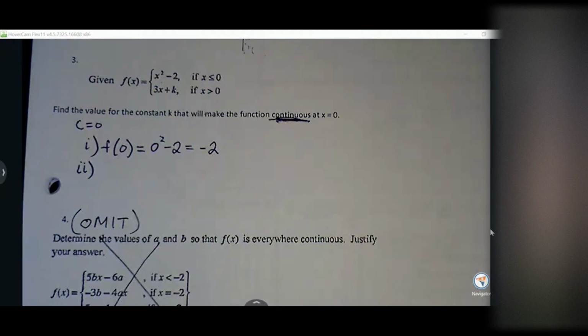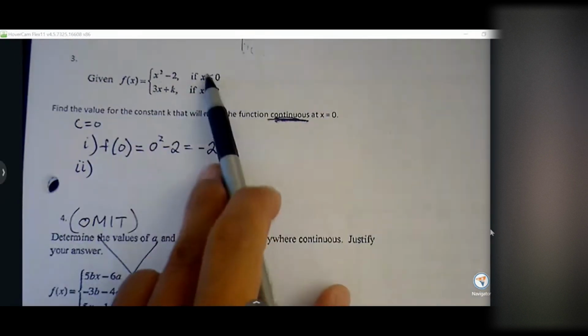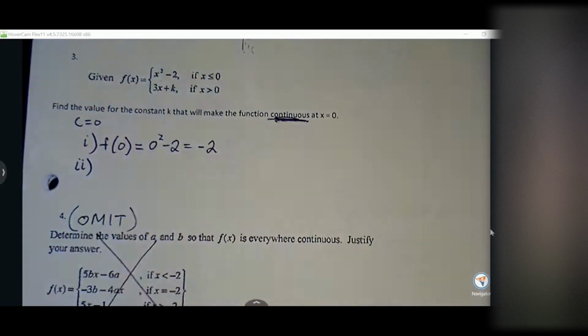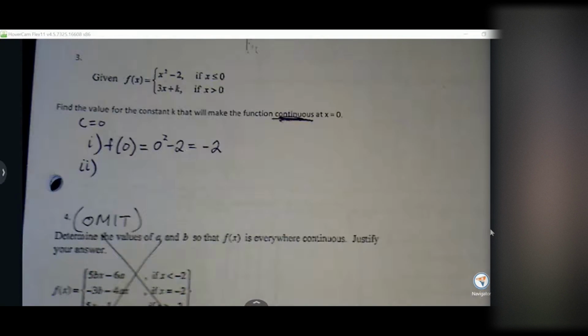Second condition is about whether the limit exists. Can we rely on one limit statement or do we need two? Two. We need two because we have different functions split on either side of our c value. Which means that in order for us to determine if there's a true limit or not, we have to look at the behavior from both sides of our target.